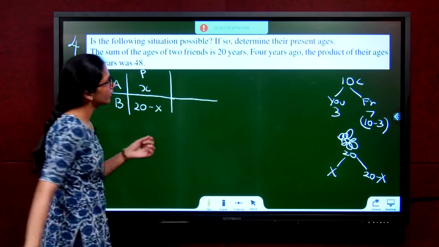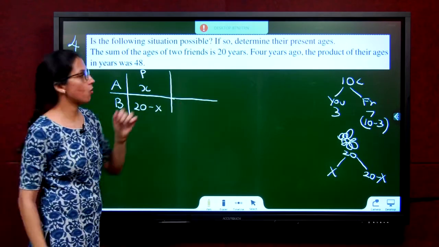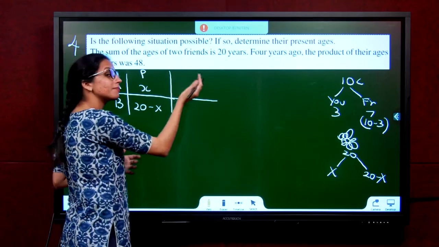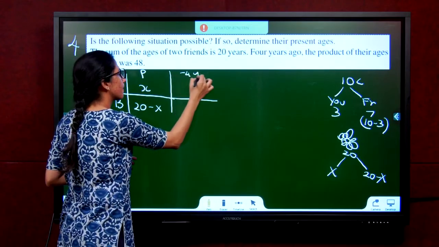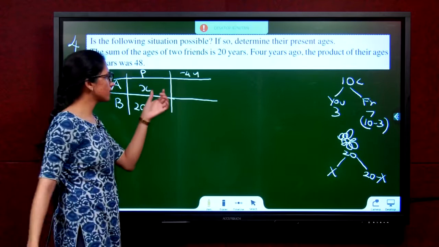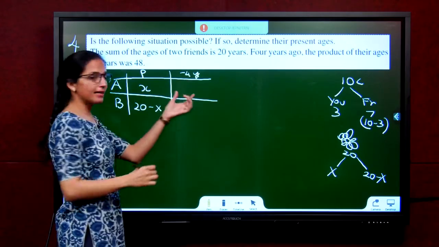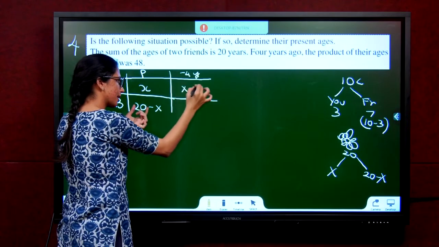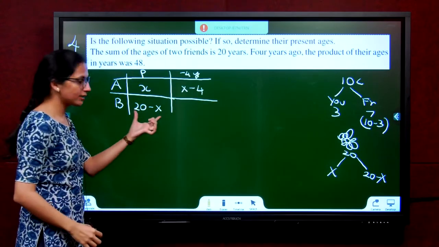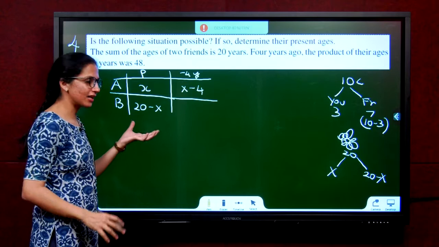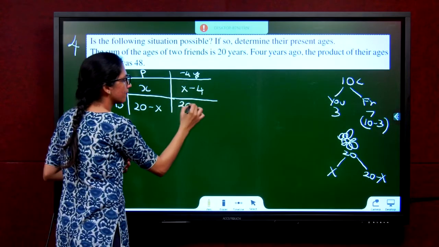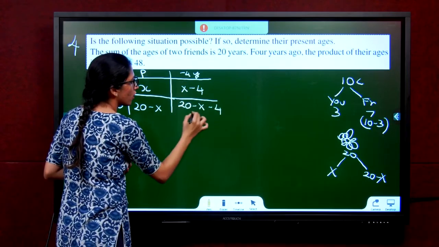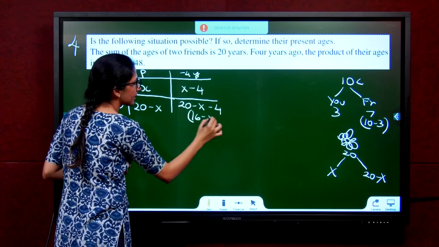Continue the question. 4 years ago. So this is minus 4 years. 4 years ago, what will be A's age? x is current, so this will be x minus 4. 20 minus x is B's present age. 4 years ago, 20 minus x minus 4, or 16 minus x.